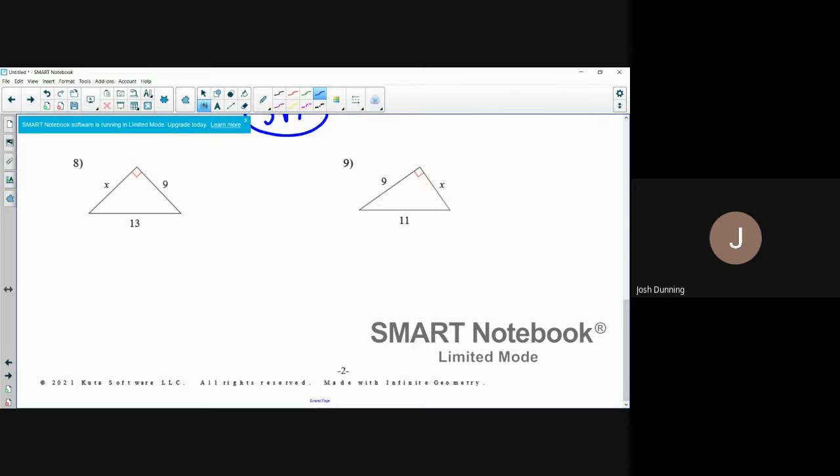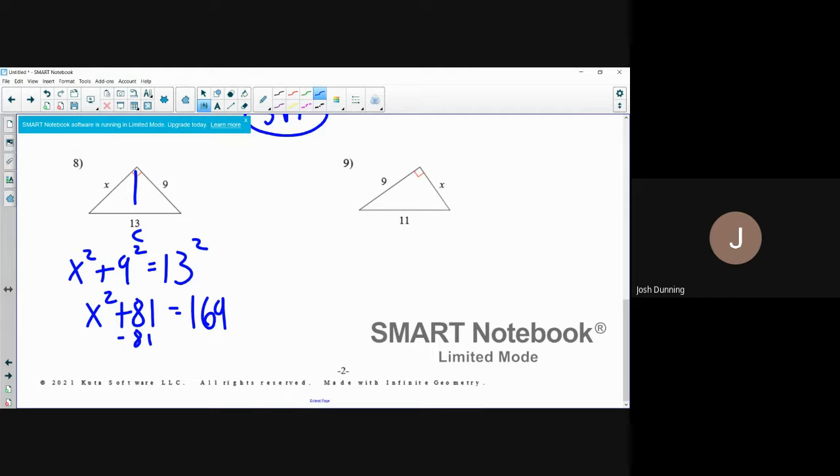But anyway, so here, 13 is c. x squared plus 9 squared equals 13 squared. So we got x squared plus 81 equals 169. Now, we're going to minus that 81. Take the square root. This time, we can reduce it down.